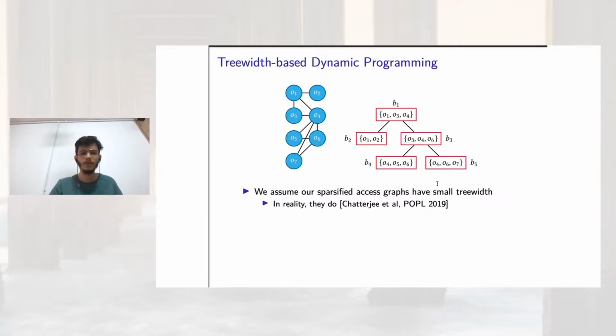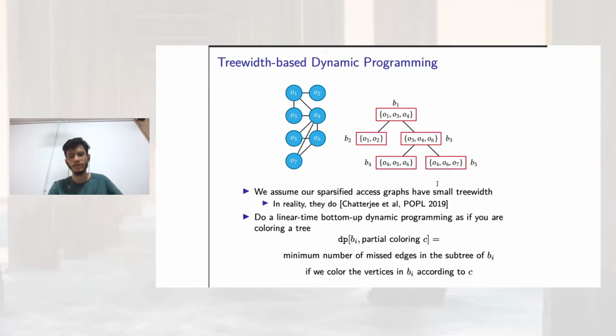We assume our sparsified access graph has small treewidth, and we can refer for that to a paper that was published in POPL 2019, Chatterjee et al. They do a linear time bottom-up dynamic algorithm, as if we are coloring a tree.